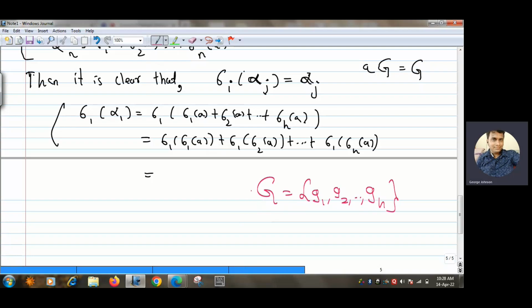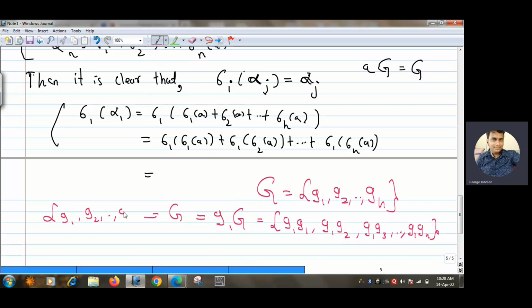If you start with any element, say g1, then what will be g1G? g1G is nothing but g1 into g1, g1 into g2, g1 into g3, and so on up to g1 into gh. But by the result, this is the same as G, which is nothing but g1, g2, and so on up to gh.